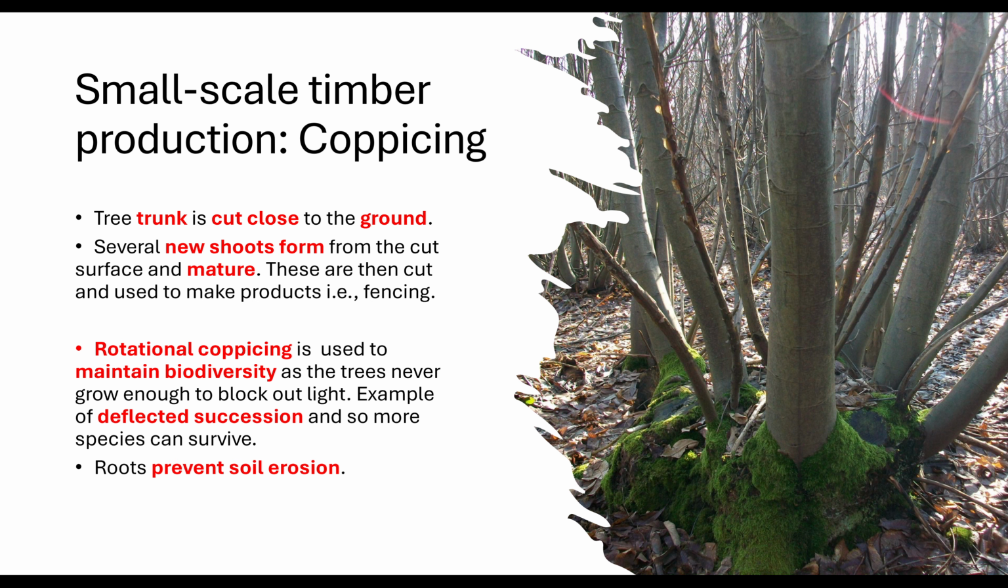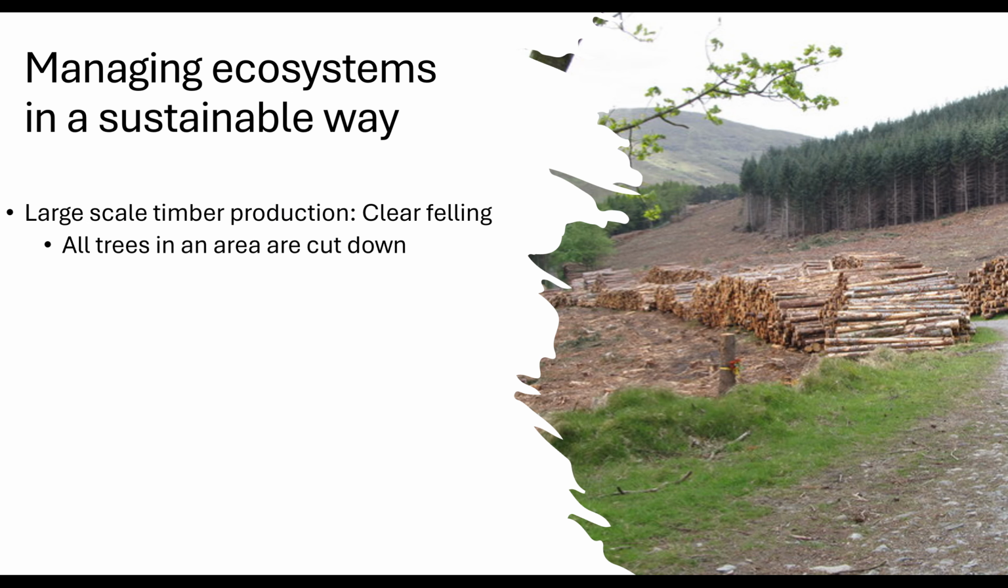If we were to uproot the whole tree to use for the timber production, that would therefore result in potential mudslides, potential soil erosion, and therefore affect the biodiversity. So it's really important that we link that we need this sustainable production of timber, but also consider its effect on the environment and the biodiversity.